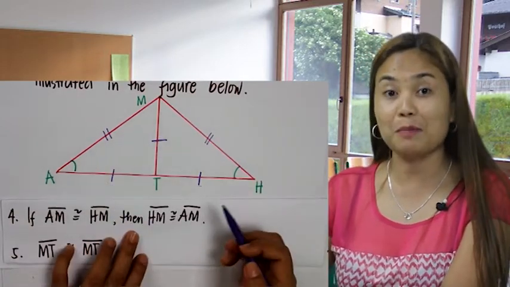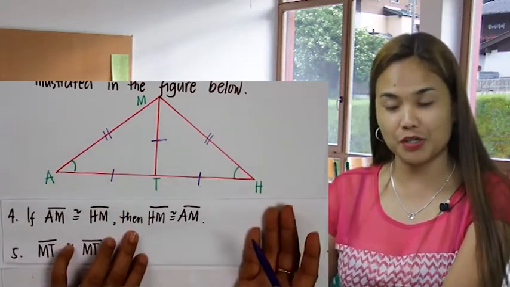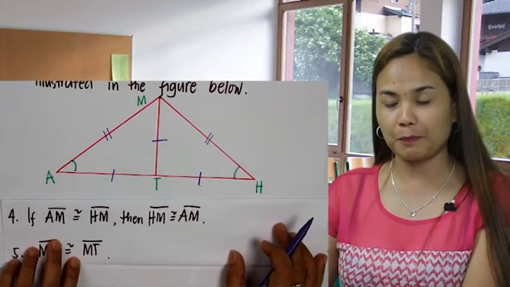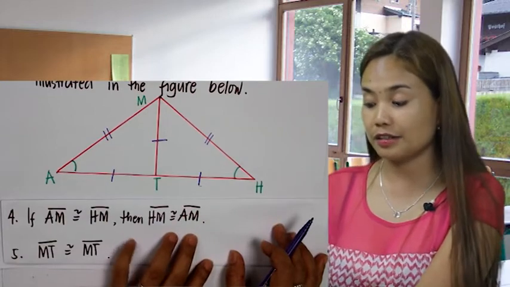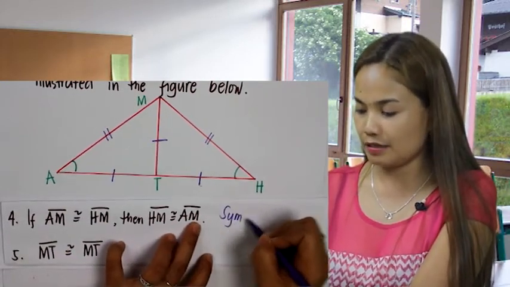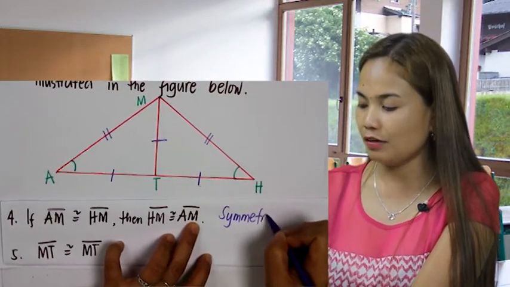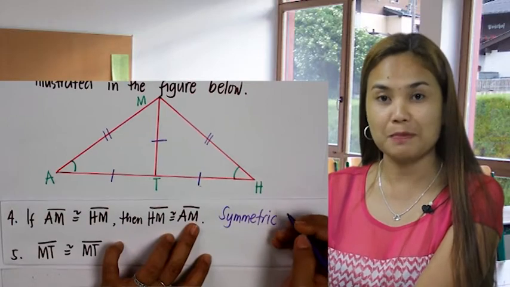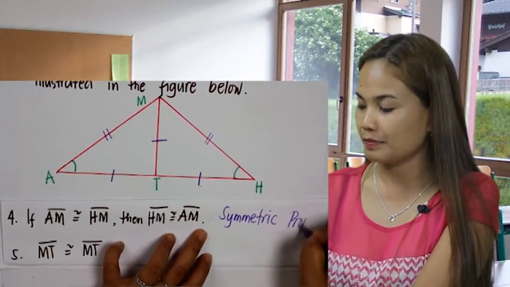As you can see, it is reversed again. So, since there is a reverse, this is symmetric. So at least now, you can identify that when it is reversed, that is the symmetric property.